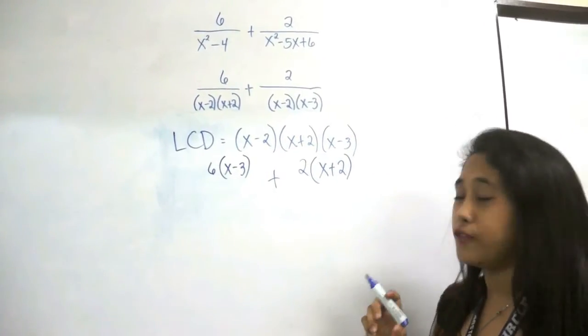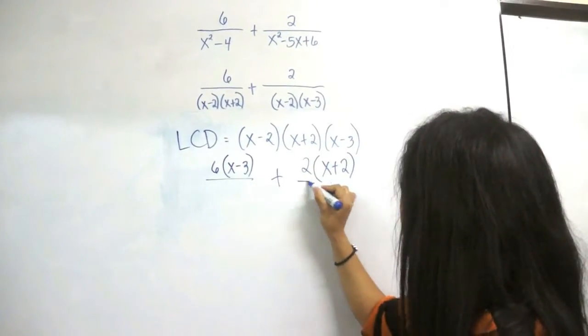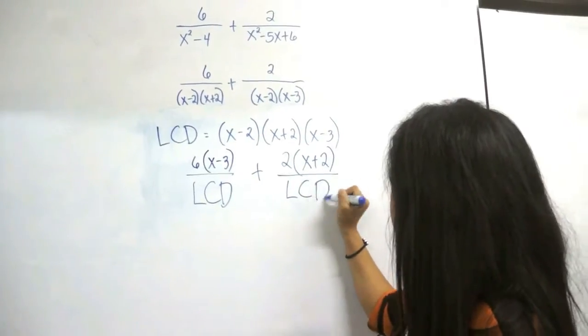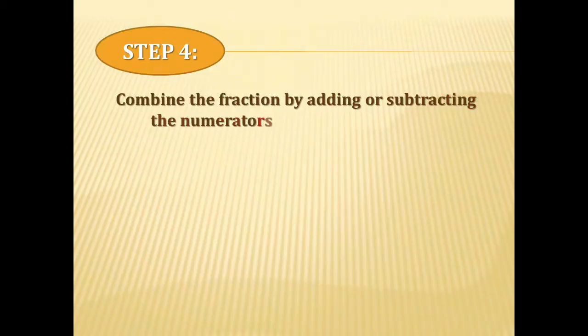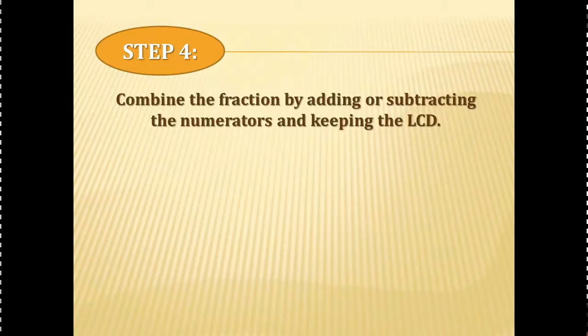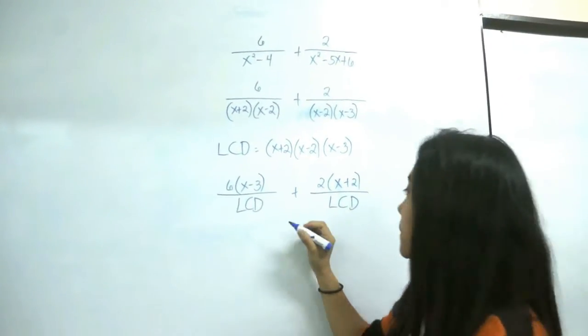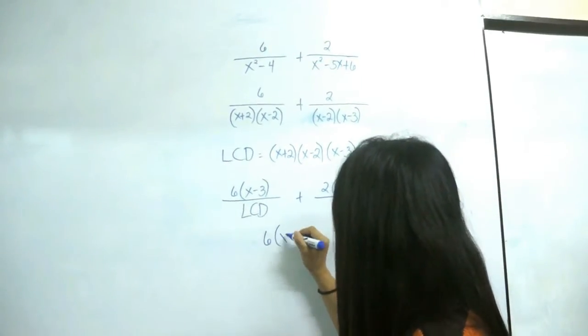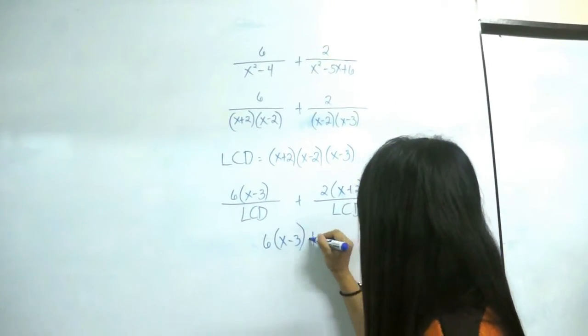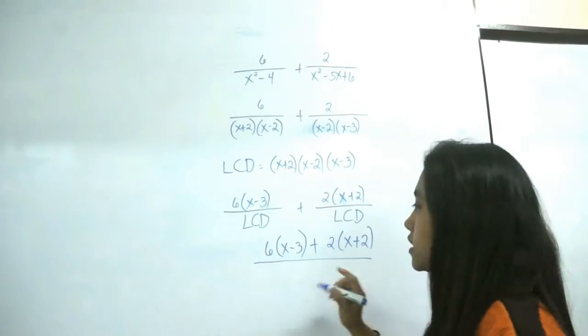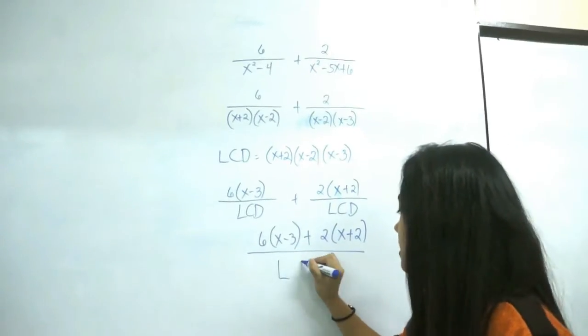So that it is not confusing, we put the denominator LCD. Step 4. Combine the fractions by adding or subtracting the numerators and keeping the LCD. Since this is addition, we combine the numerators by placing a plus sign at the center. And we retain the denominator, which is LCD.